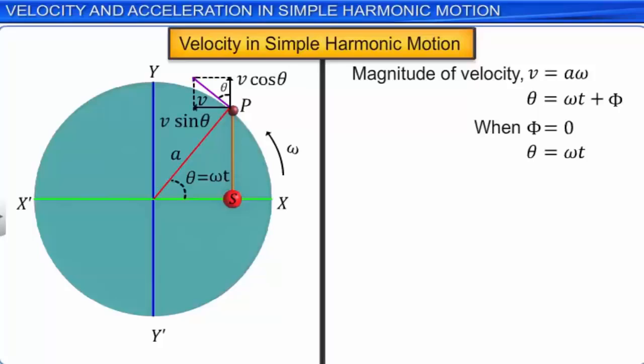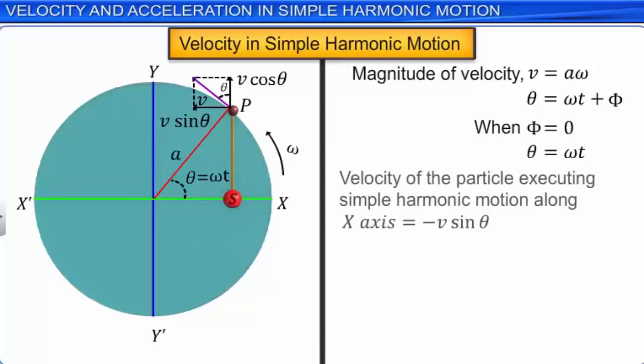Then, the component v sin theta represents the velocity of the projection, which is executing simple harmonic motion on the diameter along the x-axis. Velocity of a particle in simple harmonic motion is equal to minus v sin theta. The negative sign is due to the direction of the velocity at that instant, which is opposite to that of the positive x-axis.